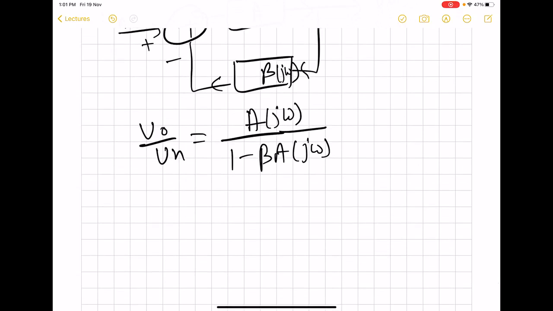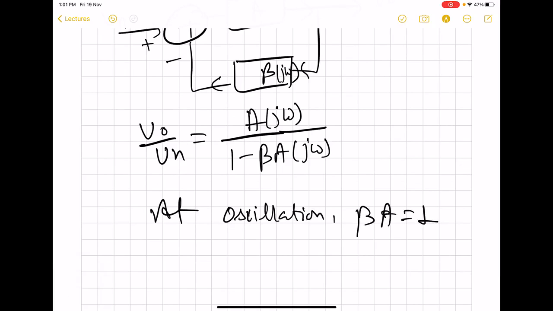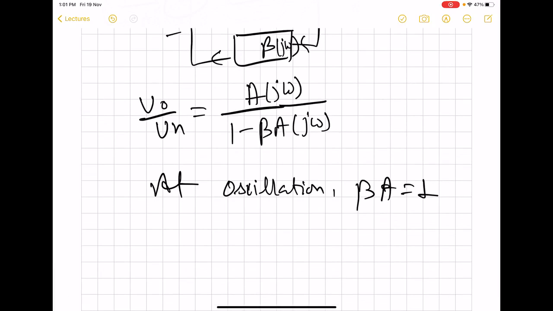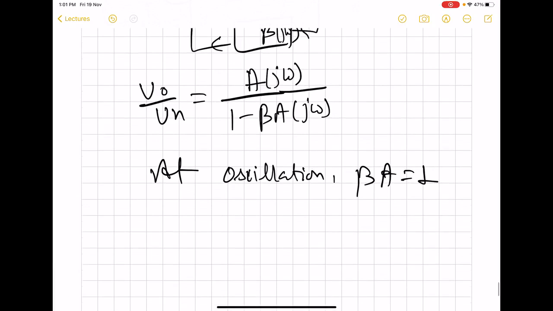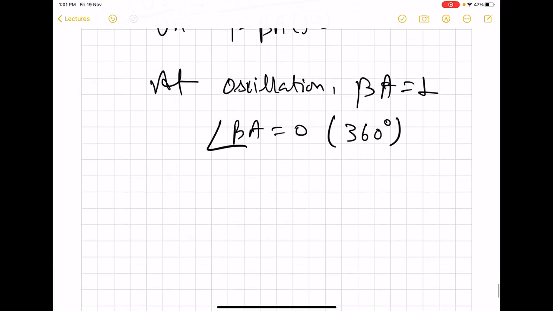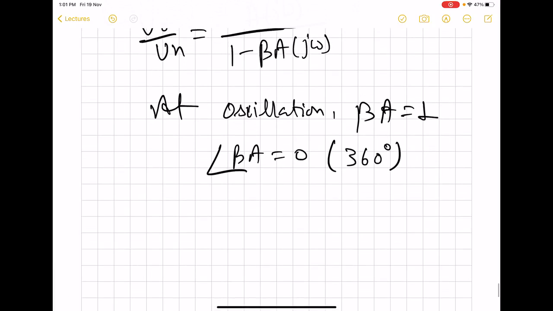And at oscillation, we know that beta A is equal to 1. So the phase of beta A is going to be 0 or 360 degrees. Now using Taylor's series, we can expand this factor.